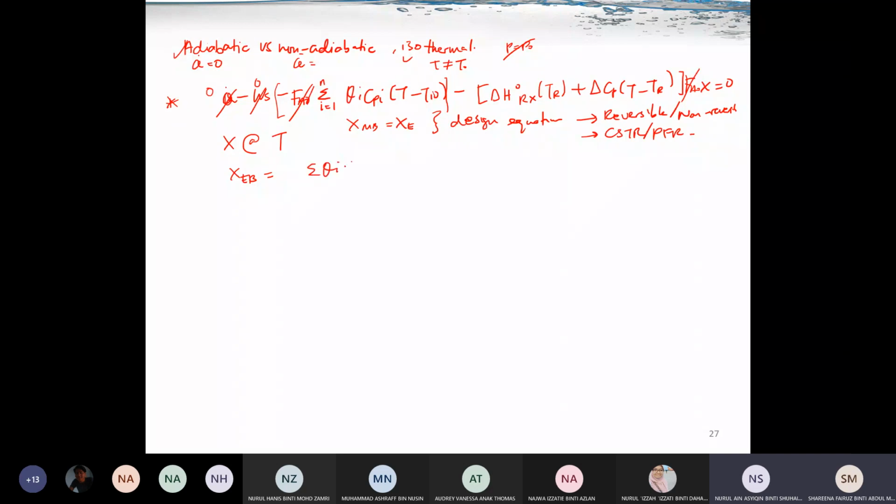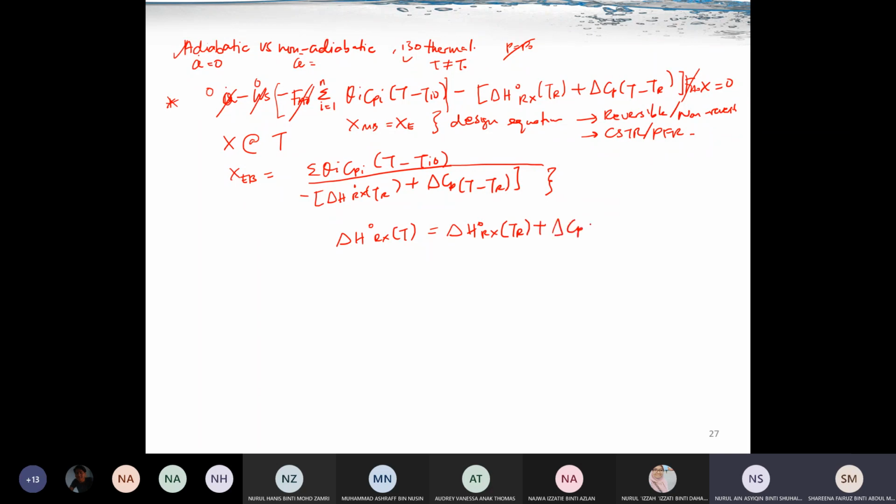So you will have sum of theta i Cp i, T minus T i naught, over negative delta H Rx at T R plus delta Cp, T minus T R. The denominator is equal to delta H Rx at T, at any temperature, which is equal to delta H Rx at the reference temperature T R plus delta Cp, T minus T R. So you can use this term at any temperature or at the reference temperature.